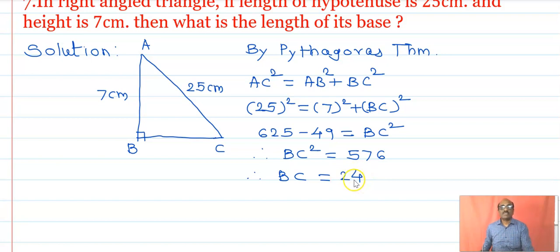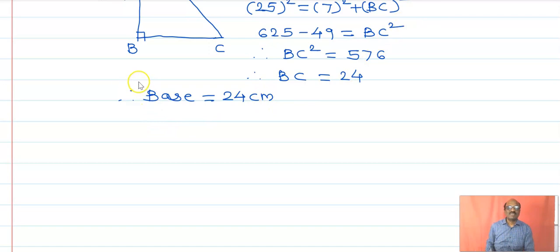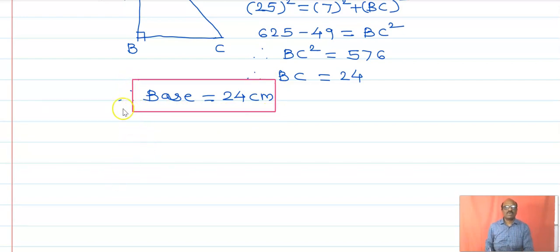Okay, BC is equal to 24, and hence the base is equal to 24 centimeter, and this is the answer. Therefore, the base is 24 centimeter.